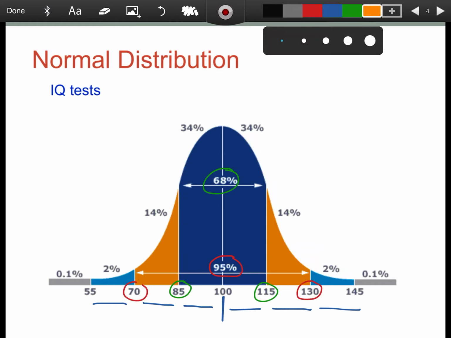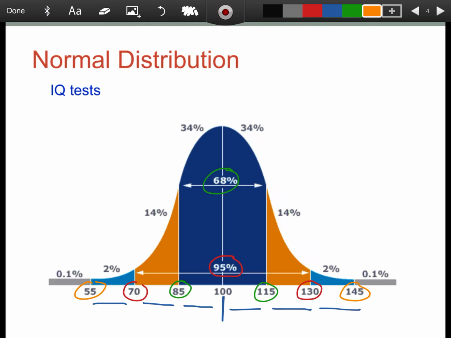Now 99.7 is not shown here, but 99.7% of people, so almost 100%, not quite, but almost, have an IQ between 55 and 145. So there are people that are geniuses that have IQs above 145, and then there are people that have IQs that are below 55.